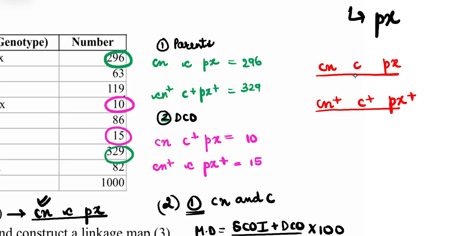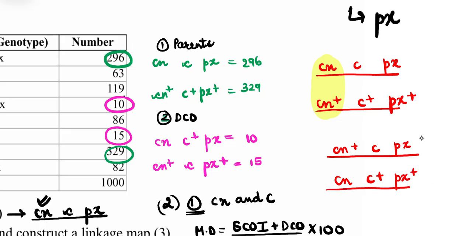Now remember the concept of single crossover. I told you in the single crossover only the first gene is interchanged. So if you are interchanging these two genes, what is the resultant progeny? It is CN plus, C, PX. Similarly, it is CN, C plus, PX plus. So these types of progenies, if they are mentioned in the table, add up their numbers.